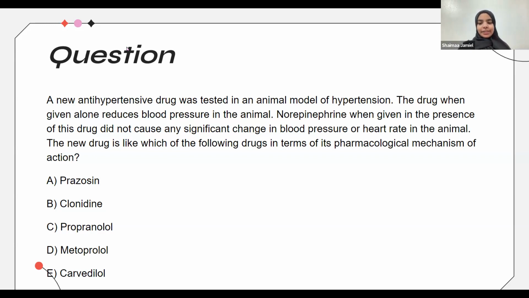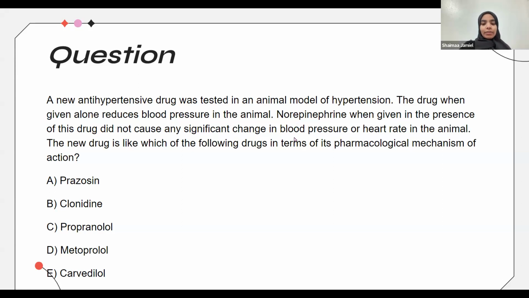Okay, I think it's a bit difficult, but basically, this animal was given a drug that reduced the blood pressure, right? And then when you gave norepinephrine, what does norepinephrine normally do to the blood pressure? It increases blood pressure.